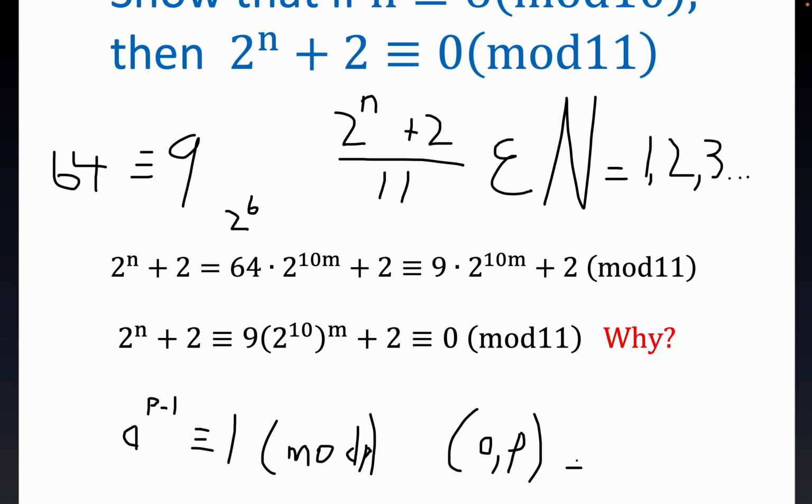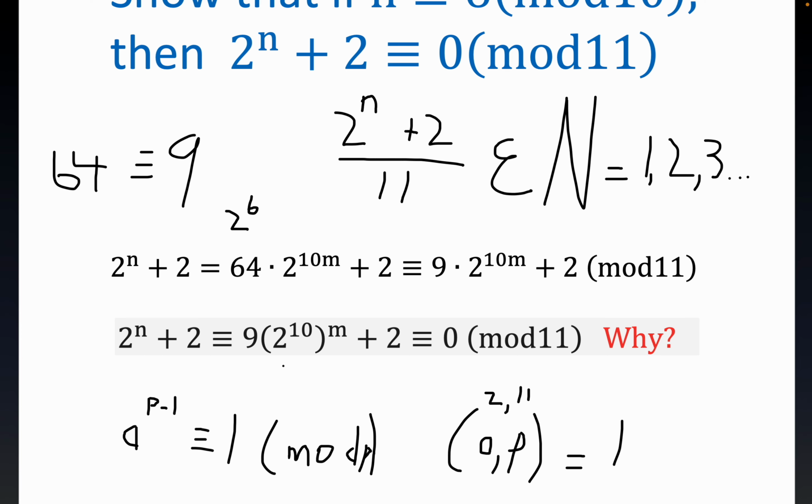That's what we have going on right here, because 2 and 11 are certainly relatively prime, right? So here a would be played by the role of 2 and p by 11. And so what we know right here is we can just replace this part with 1.